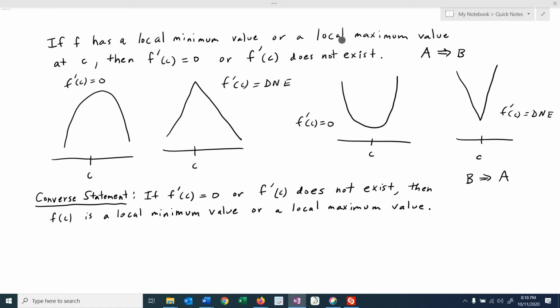So if you formulate the converse statement of this, you would say that if f prime of C is 0 or does not exist, then f of C is a local minimum value or a local maximum value. That statement, the converse statement, is not true. And here's why. I'll give you a couple counterexamples to show you.